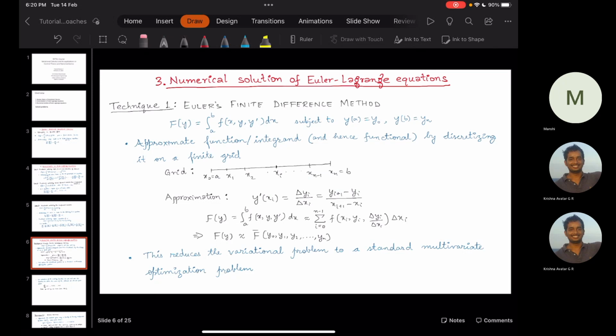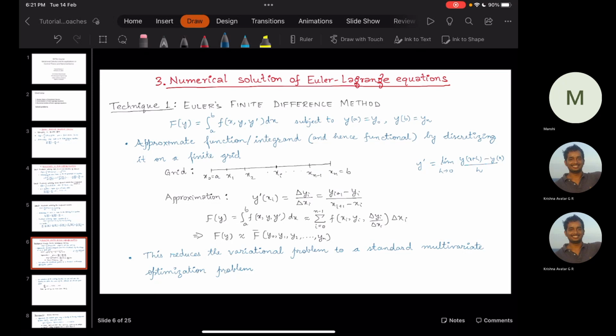Essentially, this technique follows from the very way we define a derivative. You must know that y prime is defined as the limit of y of x plus h minus y of x, divided by h, as h tends to 0.